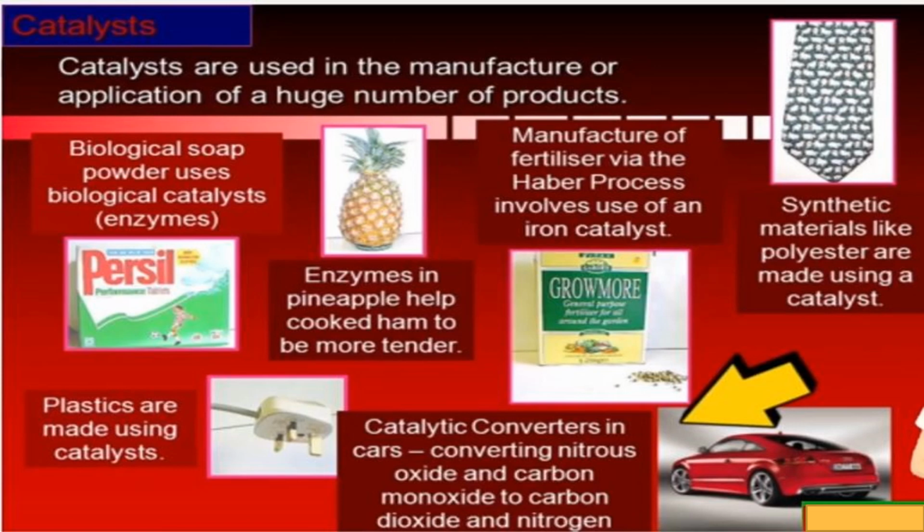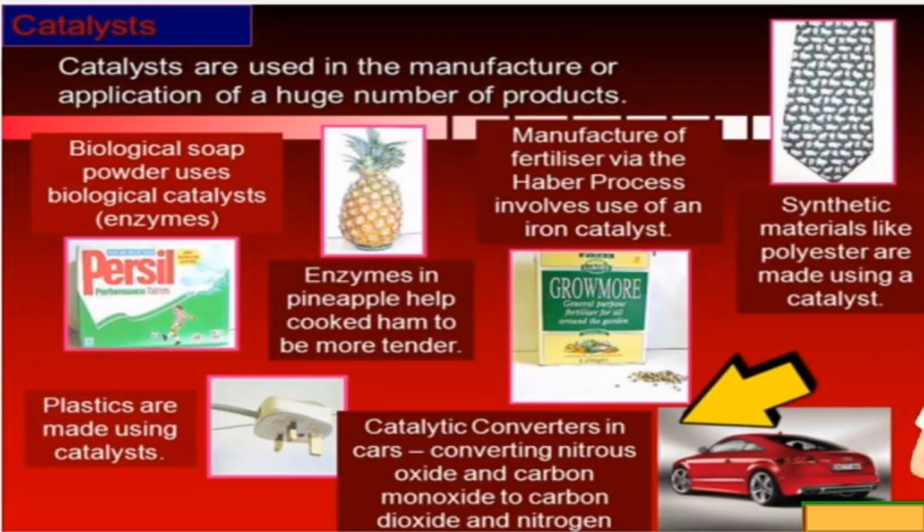The first one we have here, plastics are made using a catalyst. Next, biological soap powder uses a biological catalyst, which is enzymes. Also, the enzymes in pineapple help cook ham to be more tender. The manufacture of fertilizers via the Haber process involves the use of an iron catalyst.